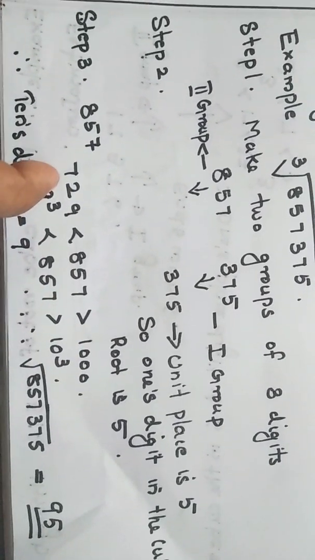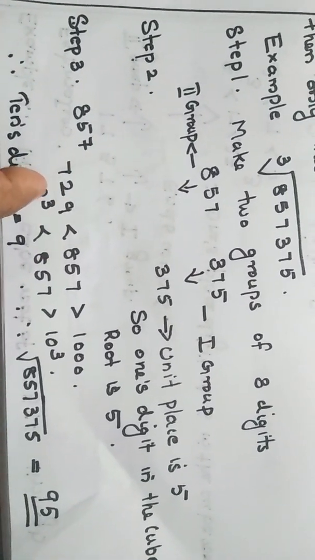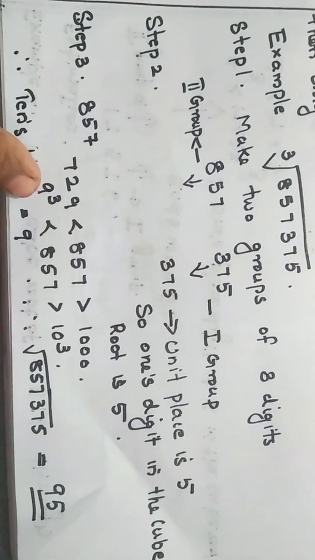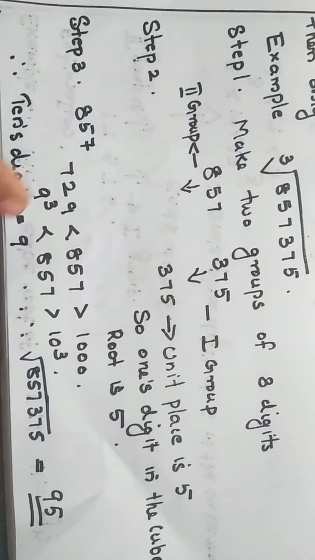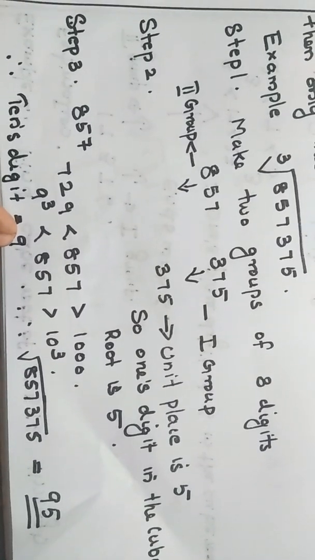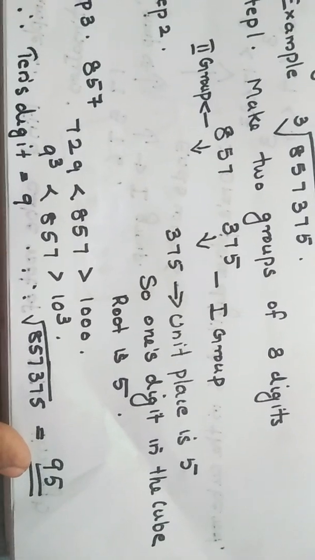So here we will take the lowest cube, that means 729. Its cube root is 9. So the tens digit will be considered as 9. So we will get the cube root of this number as 95.